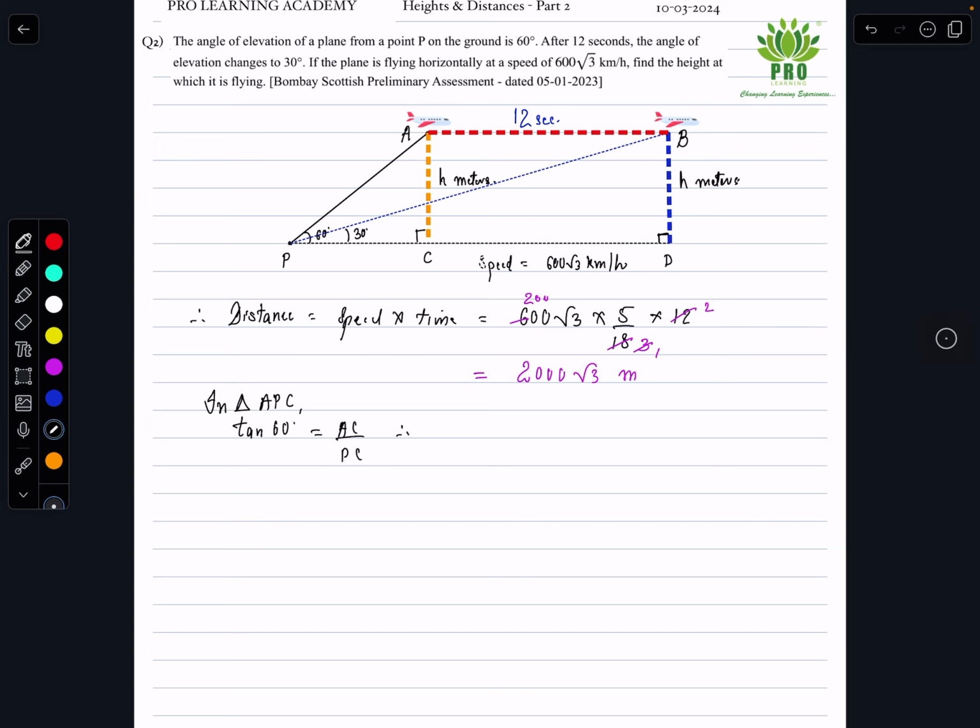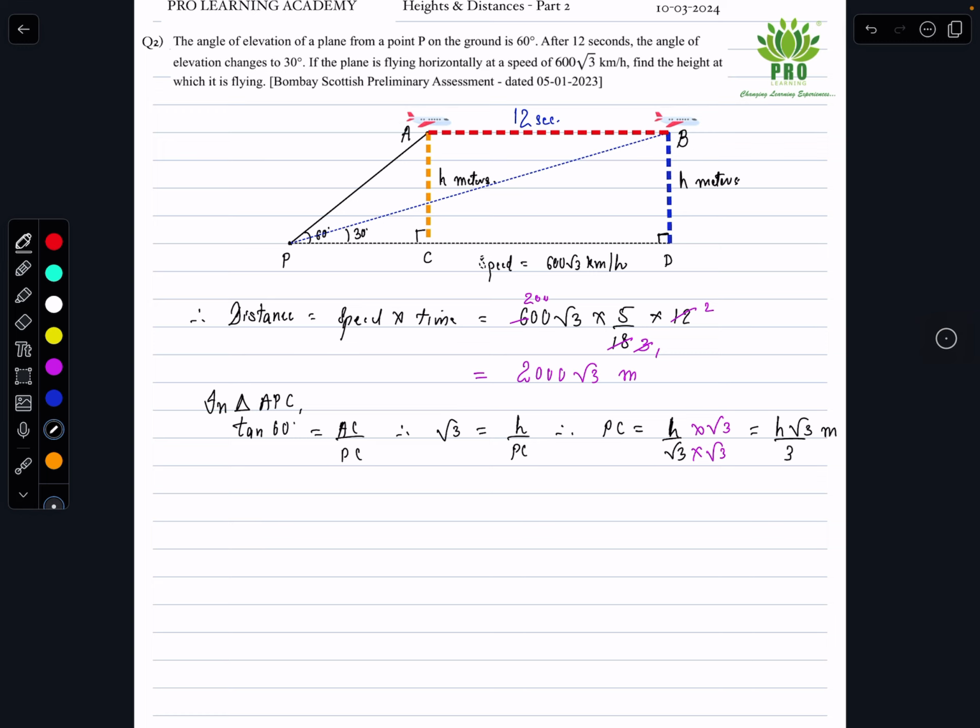Therefore tan 60, which is root 3, is h over PC. Therefore our PC would become h over root 3. We prefer rationalizing it, so times root 3 over root 3, that becomes h root 3 over 3. That is PC in terms of meters, where h is our height.